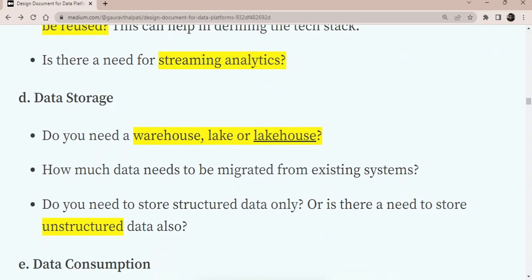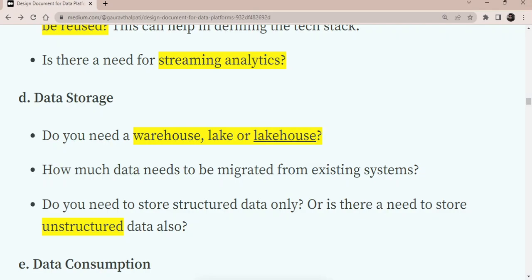Data storage is a very important point for any data analytics platform, whether you want to build a warehouse or a lake or a combination of a warehouse and a lake, or the current trend where enterprises have started building a lakehouse. So what you are trying to build is an important design consideration.